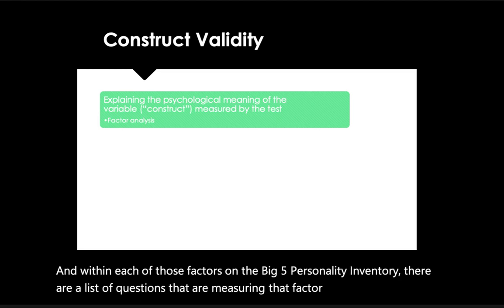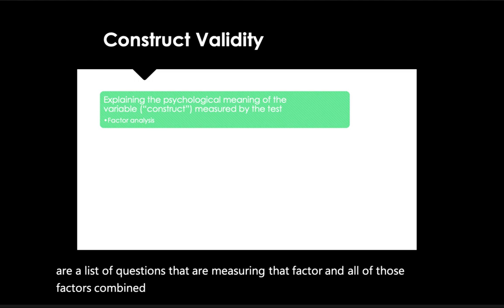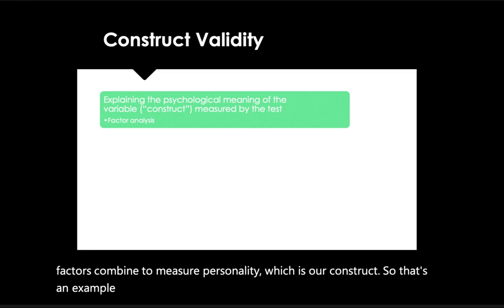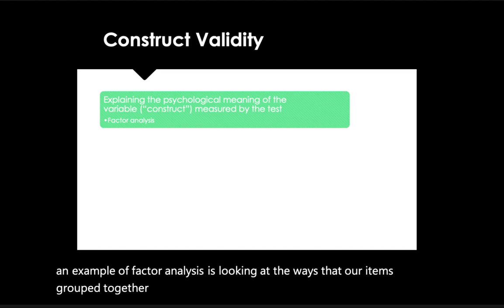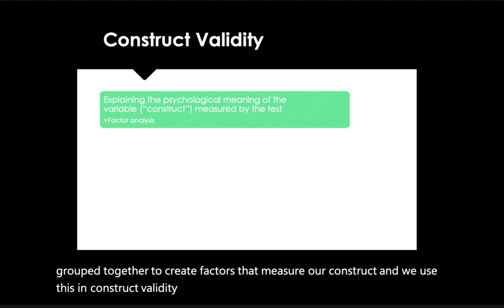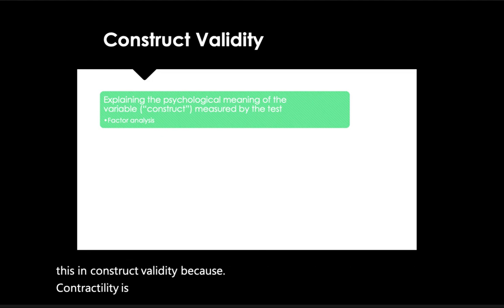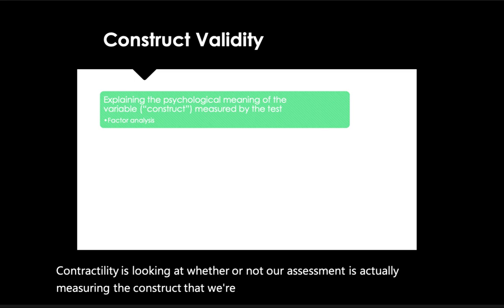All of those factors combine to measure personality, which is our construct. So that's an example of factor analysis: looking at the ways that our items group together to create factors that measure our construct. And we use this in construct validity because construct validity is looking at whether or not our assessment is actually measuring the construct that we're interested in.